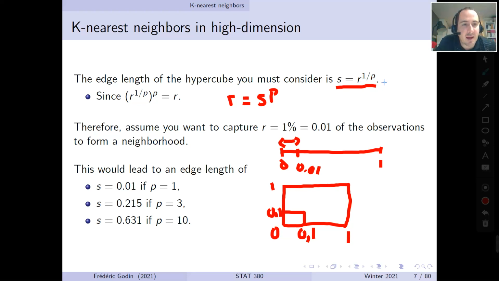So you can make that calculation for various values of p, and then you get that when p is equal to 1 it's 0.01, p is equal to 2 it's 0.1, p is equal to 3 it's 0.21, and if you continue like this in p dimensions, then the edge length becomes 63%.